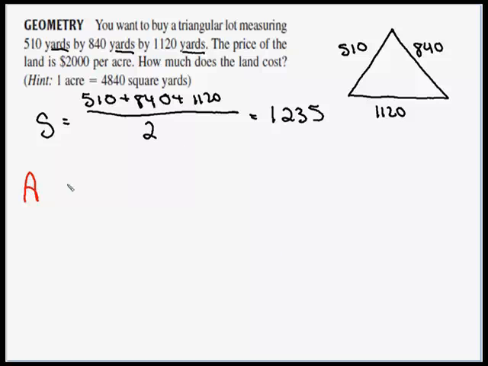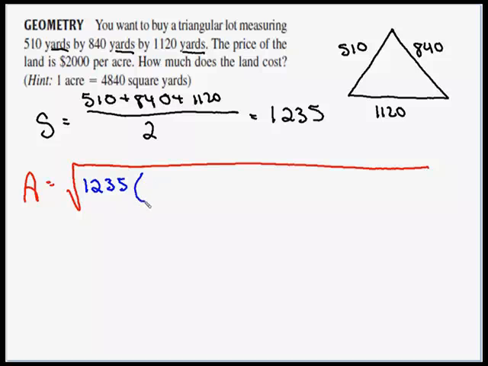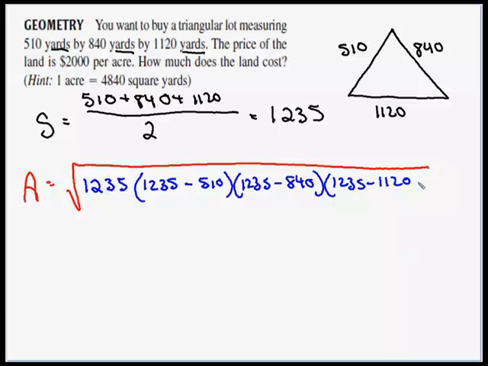So Heron's formula tells us the area is a great big old square root, and under that root is S, 1235, times 1235 minus 510, times 1235 minus 840, times 1235 minus 1120.